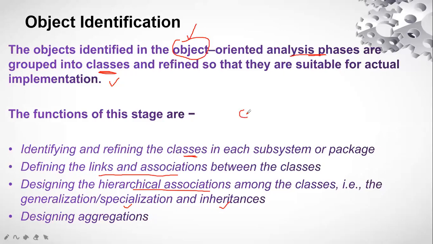Let's say we have identified two classes, class 1 and class 2, of a specific subsystem or module. Then we identify the relation, either the link or the association, between them. And then we find out whether there is any hierarchical association among these classes or not, meaning the generalization or specialization part, right?